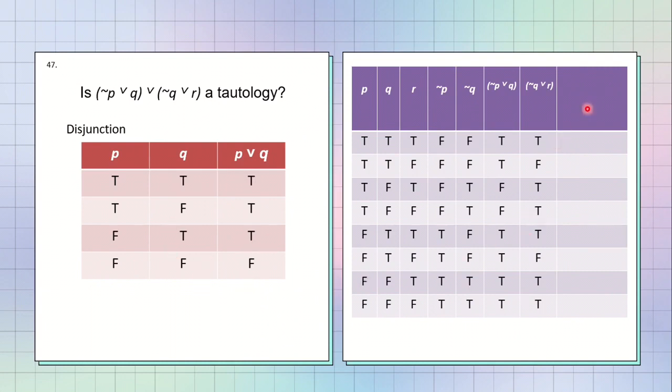So last, we will be getting the value of not P or Q or not Q or R. And again, it is a disjunction. So the values are true, true, true, true, and so on and so forth. And here is another example of a tautology. So P or Q or not Q or R is a tautology.